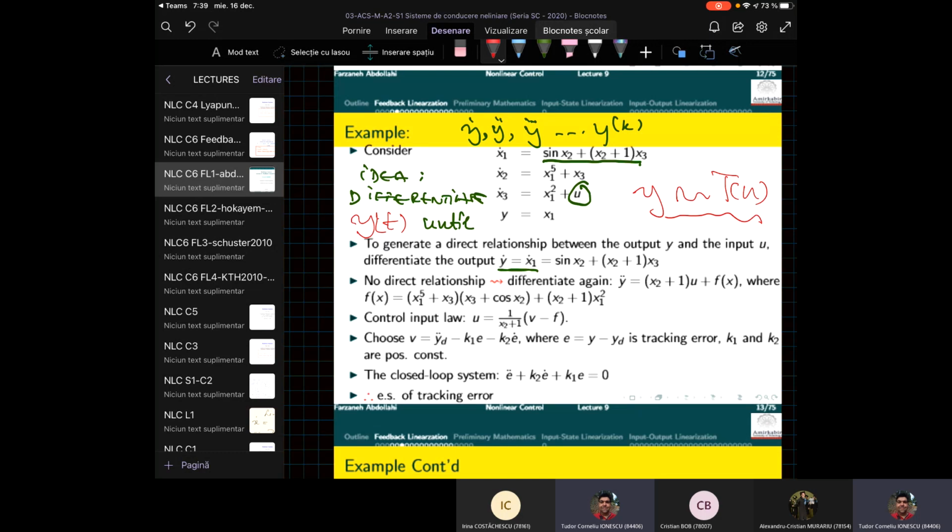Of course, you cannot get rid of all the x's. But until y differentiated k times has some sort of direct relationship with the input u.